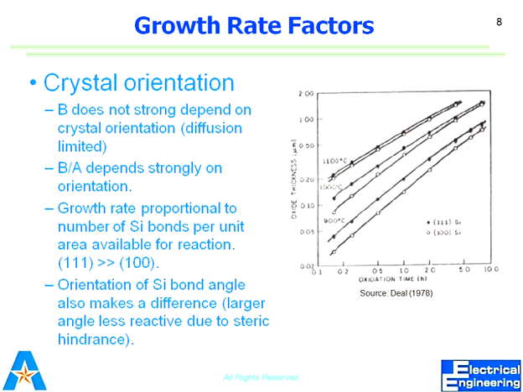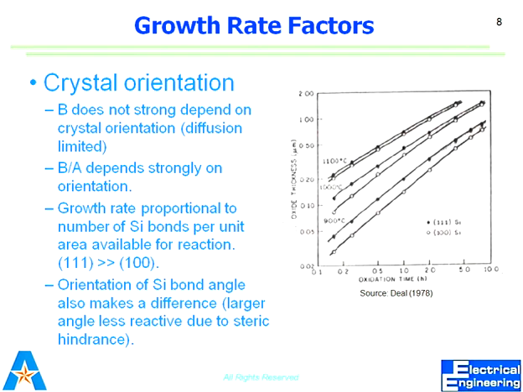If we have the 1-1-1 plane, it would have a higher growth rate, reaction rate, as compared to the 1-0-0 plane. Anybody who can answer that? Why should 1-1-1 have a higher reaction rate as compared to 1-0-0? Silicon concentration. Very good.